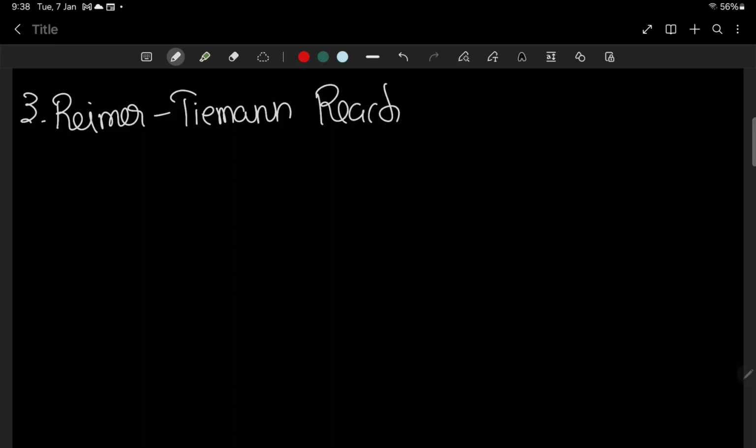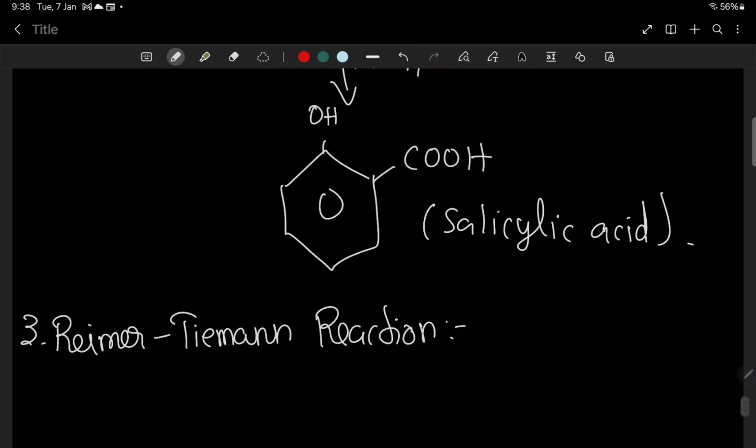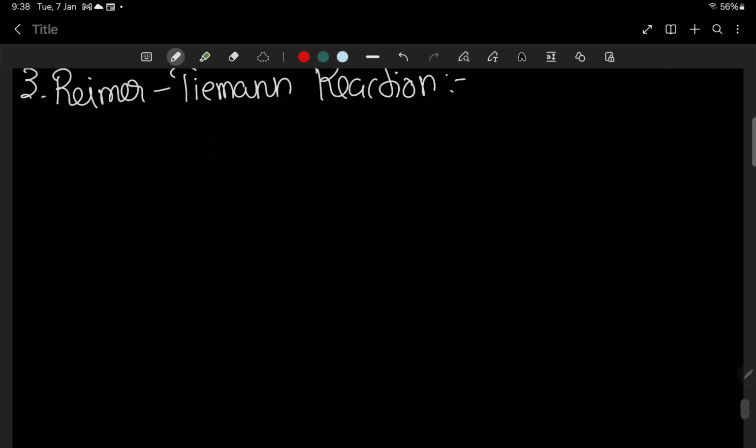Now next, one of the most important reactions, the Reimer-Tiemann reaction. This is the reaction for the preparation of salicylaldehyde. Instead of the COOH group, the CHO group will come. Here there is an intermediate formed, which is why this reaction is more important than Kolbe's reaction.